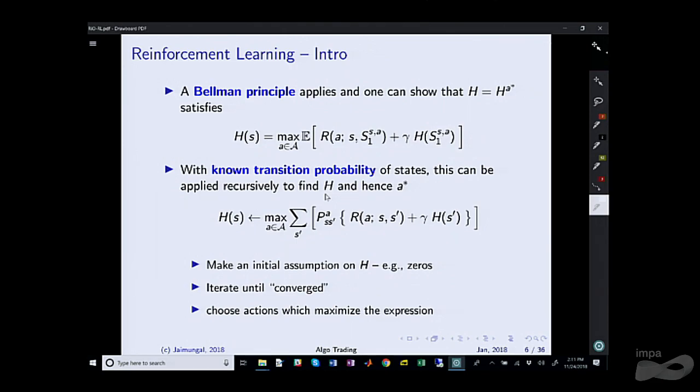You take an h, you compute the sum over s prime of what's in the square brackets, then you choose the a that maximizes that thing. That's my new h. Plug it back in, iterate. And this converges. You can show that this procedure, called value function iteration, will converge. However, it requires you to know the transition probabilities. That's the problem. That's what we wanted to avoid.